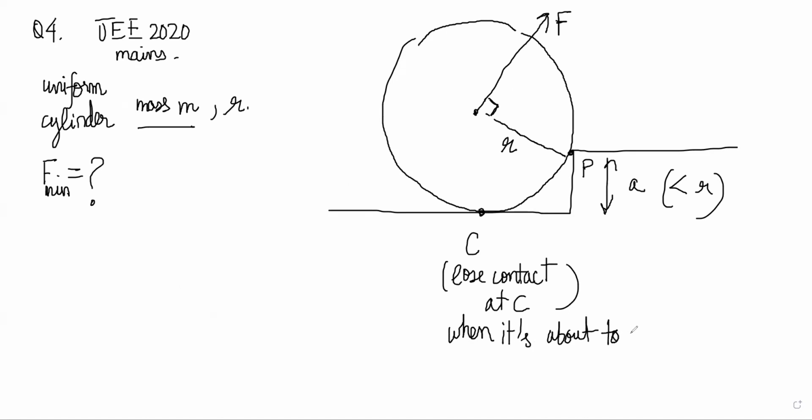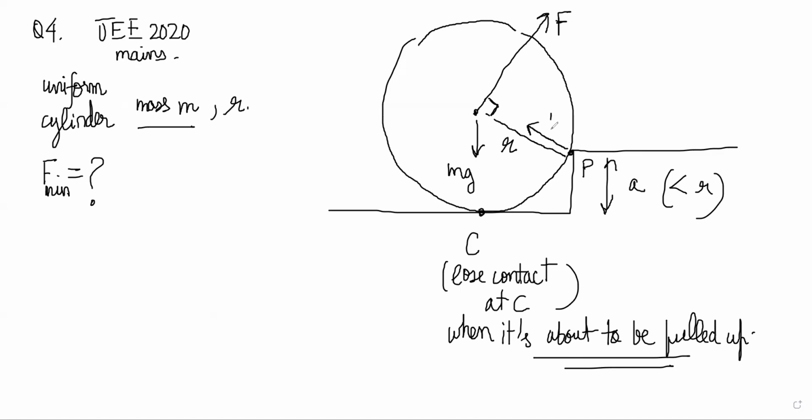At that moment, you will lose contact at C. So if you draw the forces, mg will act like this constantly, but the normal force will vanish here. The only normal force will be like this, perpendicular here. This is the normal force and this is the F. There are three forces acting at this moment: capital F, mg and the normal force, because you lose contact at C, so we cannot ascribe a normal force there, right?